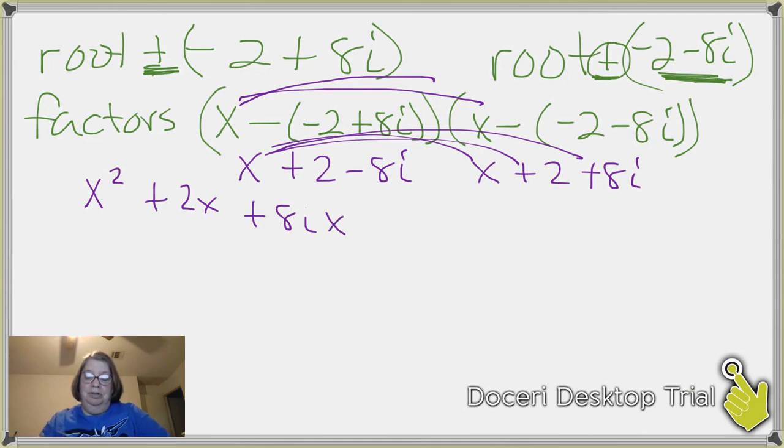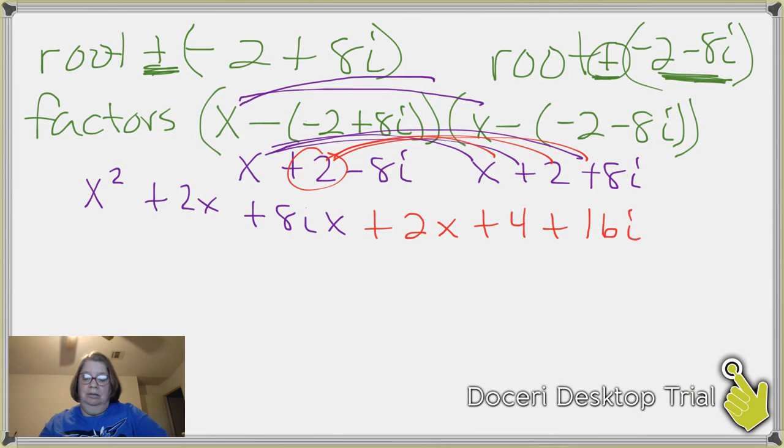Now we're going to multiply the 2. So 2 times x, 2 times 2, 2 times 8i. Okay, we're good so far. And then multiply the negative 8i.